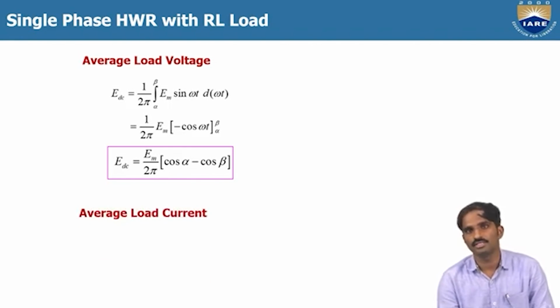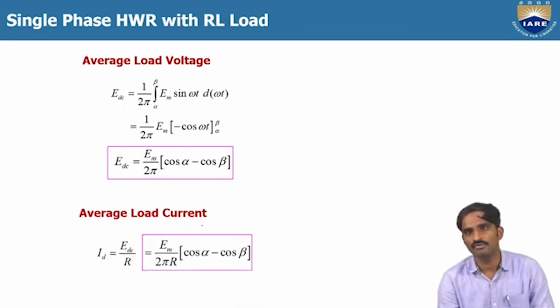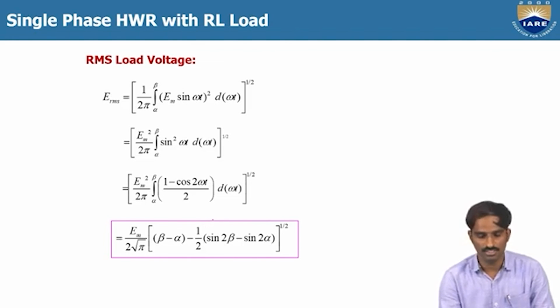Similarly, for the average load current, we already derived the average load voltage, so EDC by R gives you the average load current. Similarly, for the RMS load voltage, using the same equation, apply the integral and substitute the limits, and you will get the RMS load voltage equal to square root of EM by 2 pi into beta minus alpha minus 1 by 2 into sine 2 beta minus sine 2 alpha.